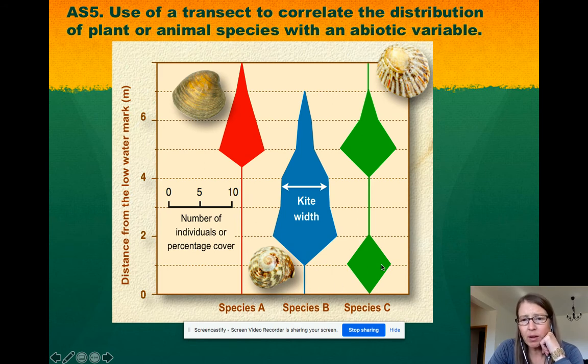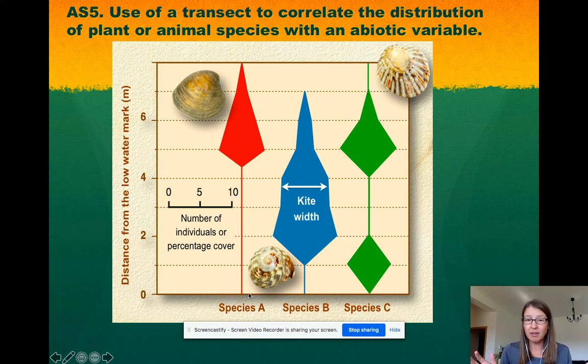So the width of the line is showing that it's more dense. So number of individuals. So here from 0 to 10, which is about right here. So it looks like at this point, species B at 2 meters would have about 10 individuals, where maybe this is 7, you know.